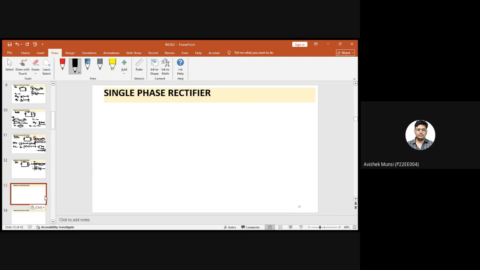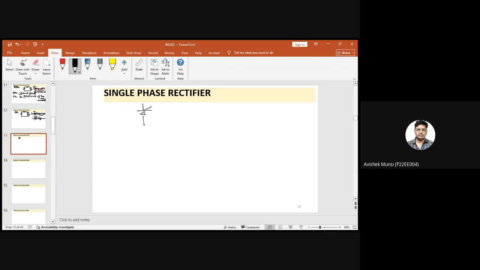Any doubt till this part? So now a case I'm considering, if you consider a full wave case, last day I had discussed a little bit. So if you consider a full wave case, designing a rectifier is very easy.